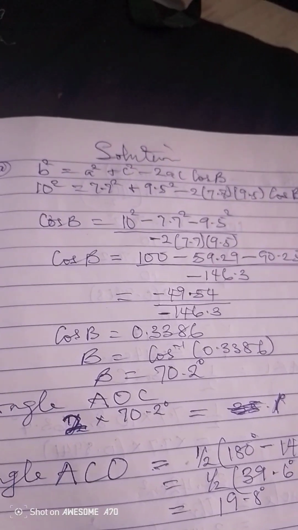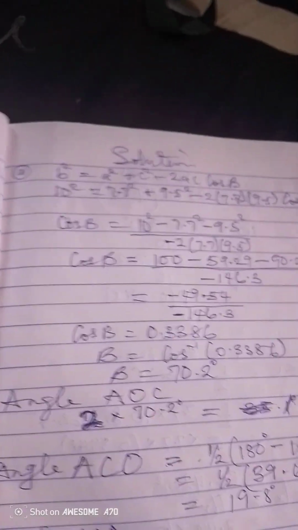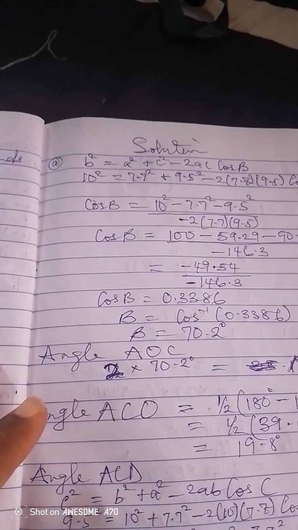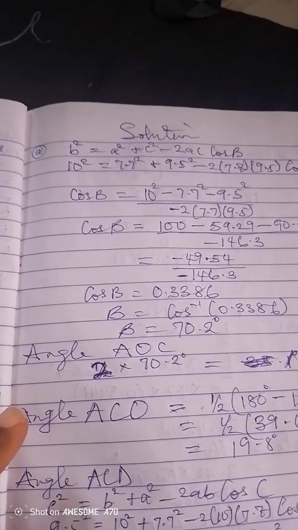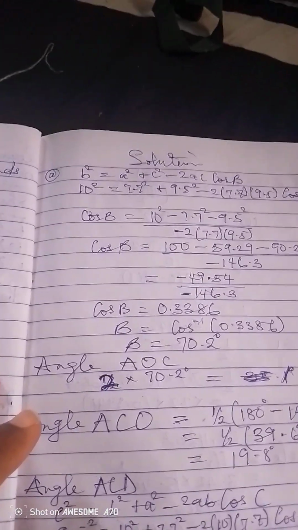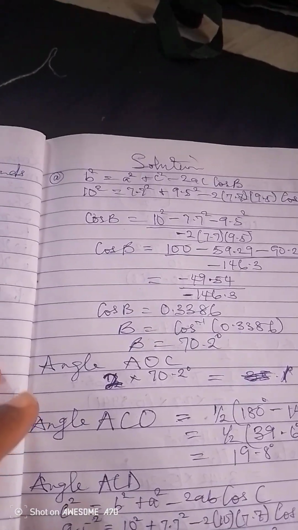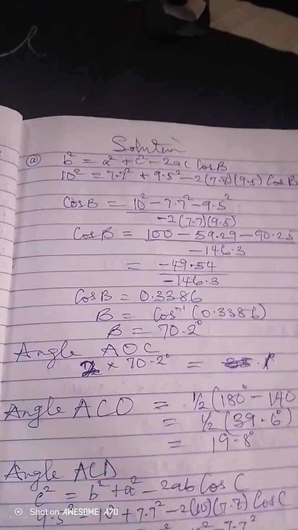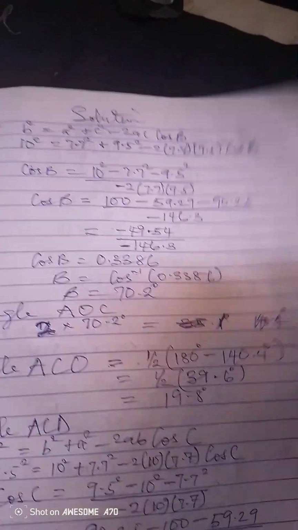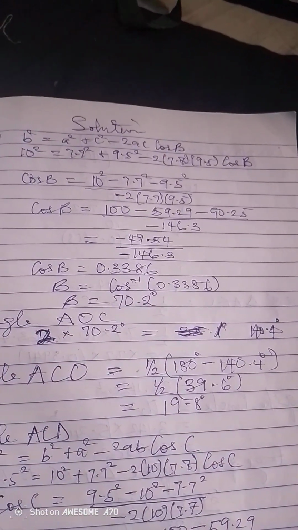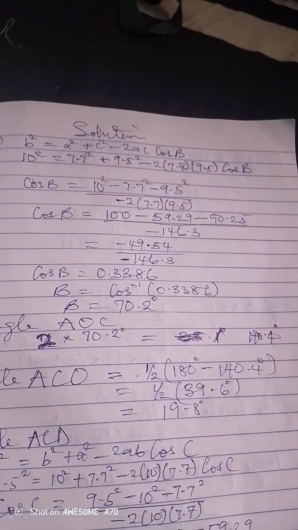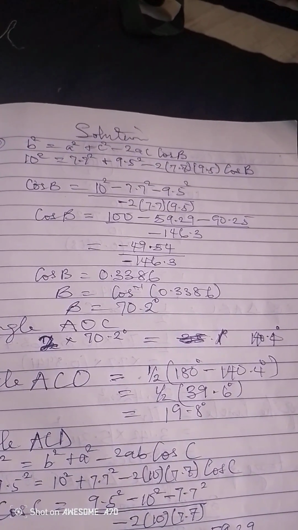Making the unknown the subject of the formula, cos B equals 10 squared minus 7.7 squared minus 9.5 squared, divided by minus 2 times 7.7 times 9.5. So cos B equals 100 minus 59.29 minus 90.25 divided by negative 146.3.